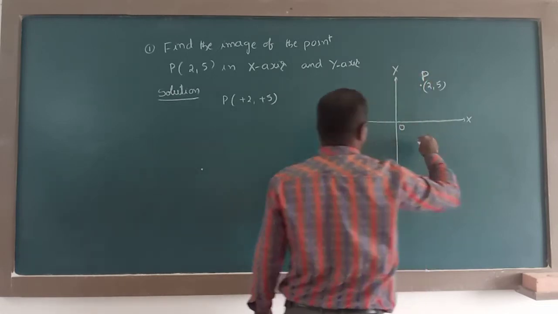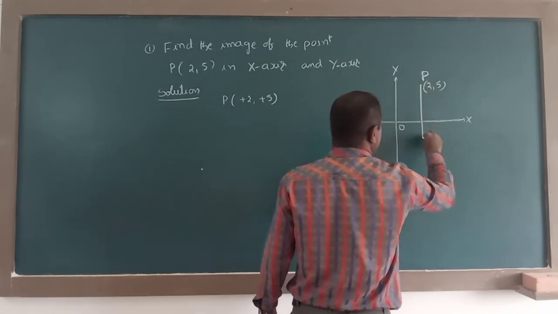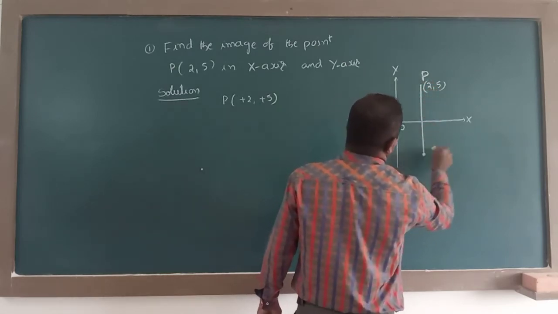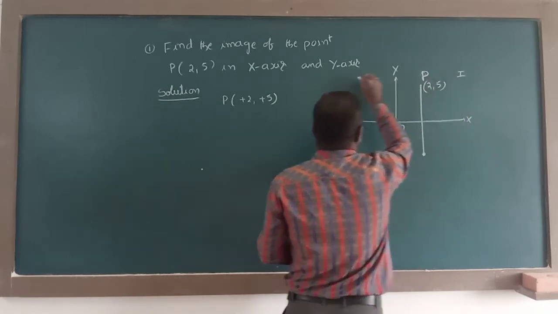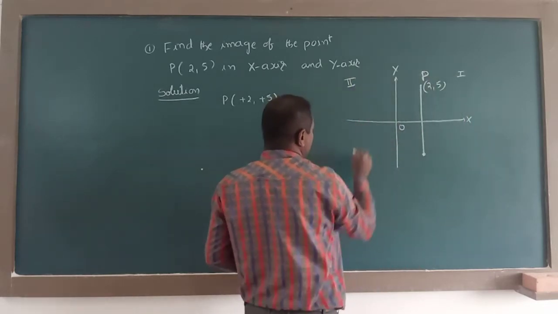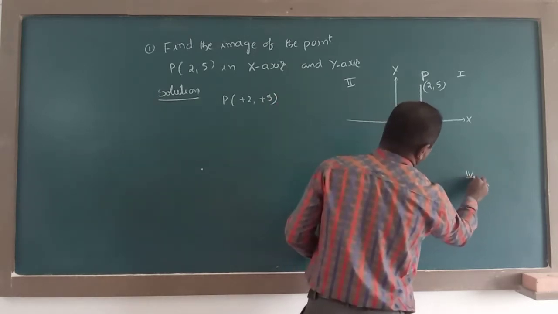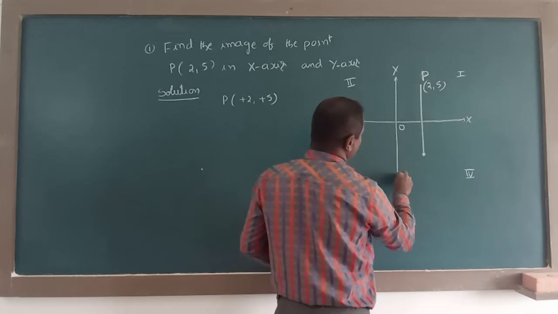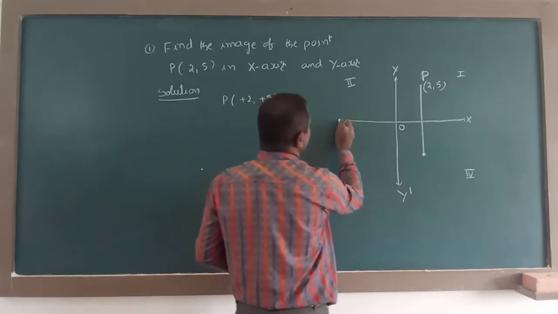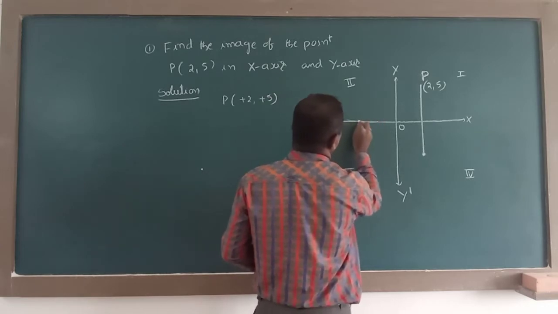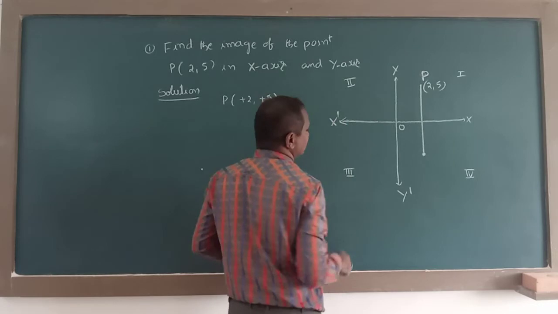The image in the x-axis is asked. Just draw one perpendicular line to the x-axis. The line moves into the fourth quadrant. This is the first quadrant, the second, the third, and the last one is the fourth, with Y dash and X dash here.